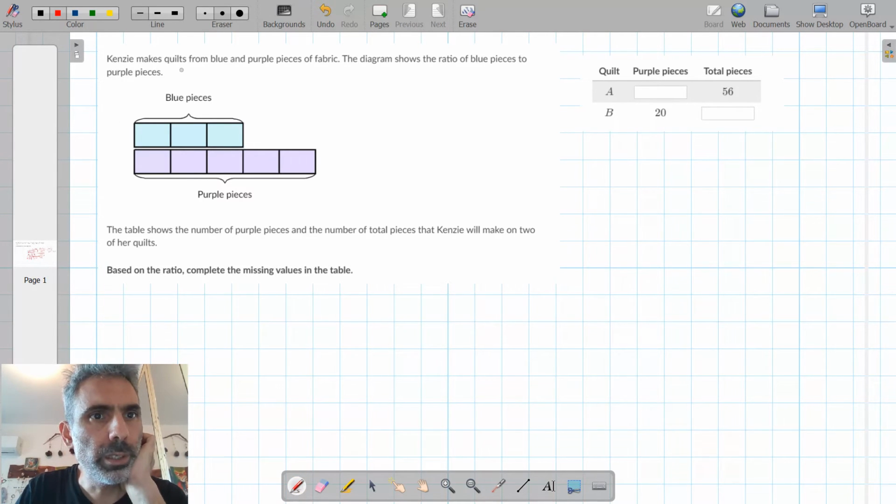Okay, Kenzie makes quilts from blue and purple pieces of fabric. The diagram shows the ratio of blue pieces to purple pieces.